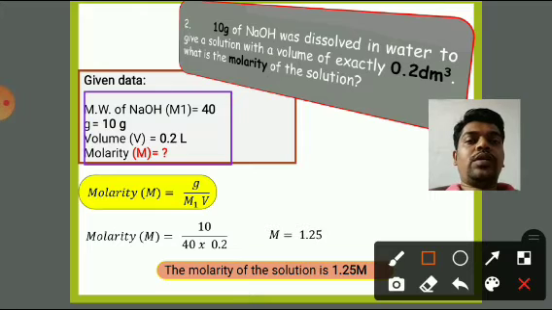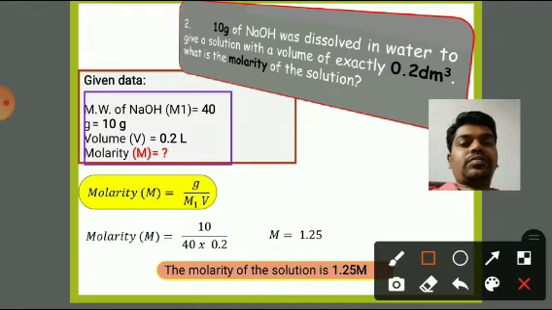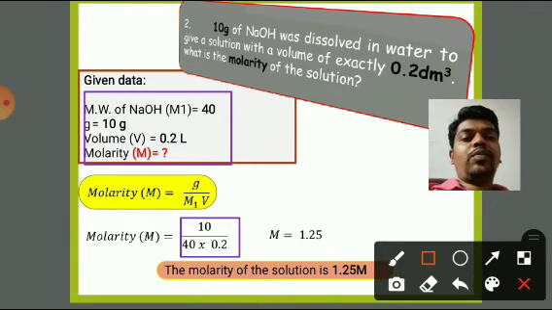So we know the expression for the concentration, the molarity, is capital M equal to G upon M1 into V. So just put the values of G, M1 and V. So we get M equal to 10 upon 40 into 0.2.